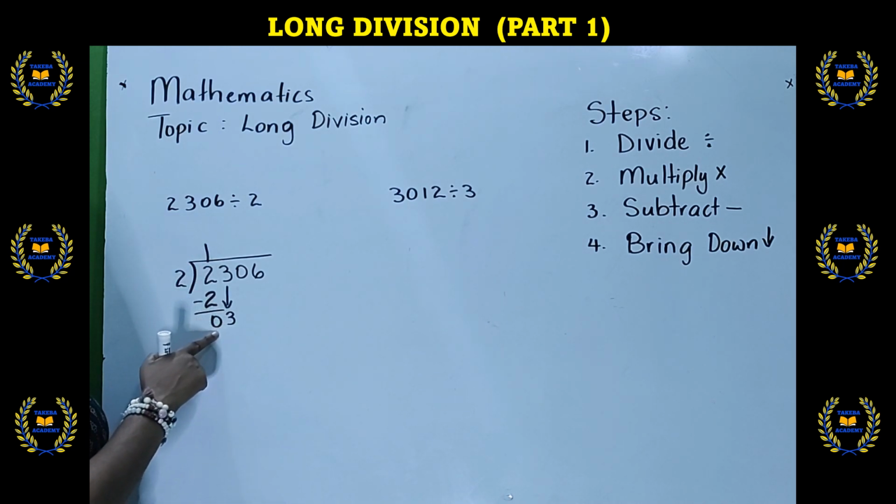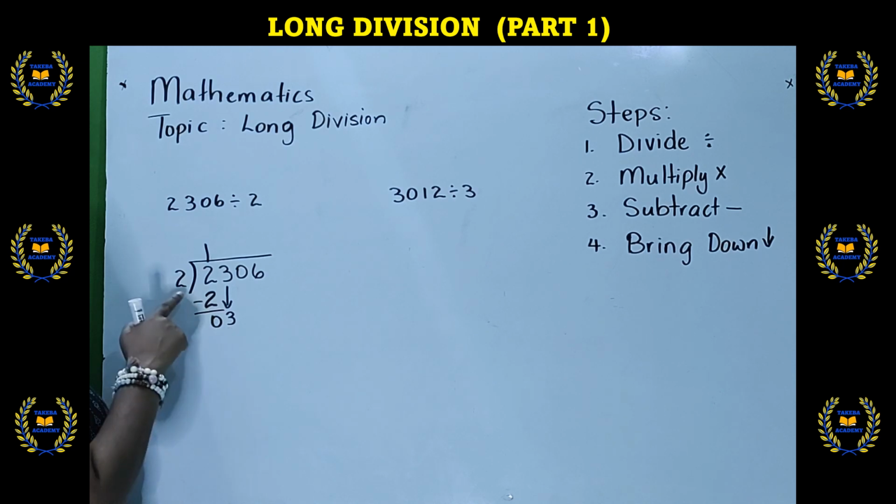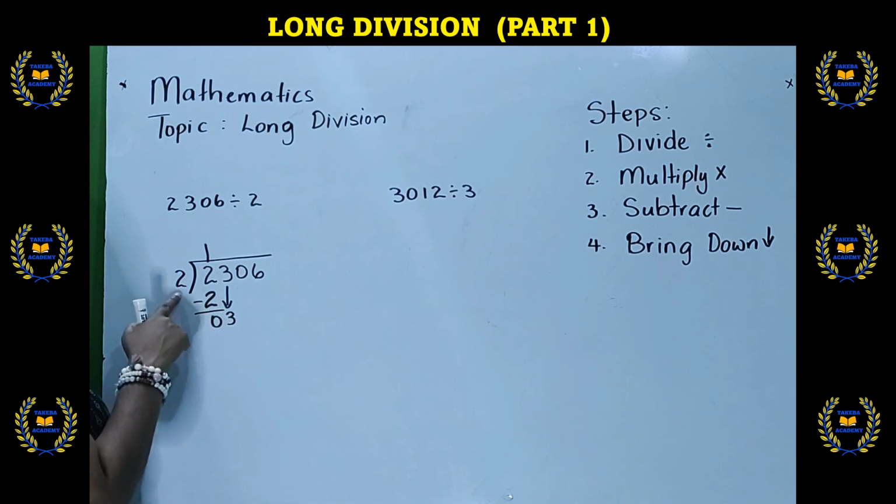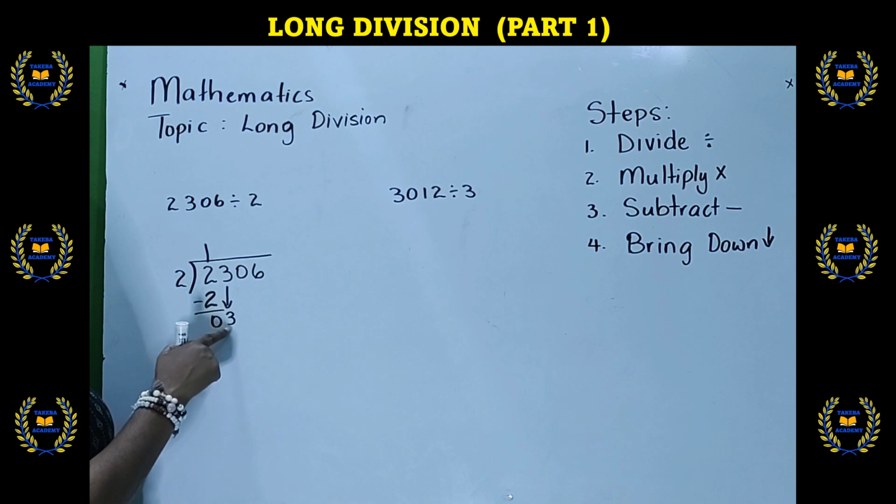So now we have 3. Okay, we did our subtraction, there's a 0 here, we brought down the 3. Now the 0 in front of this 3 has no significance, so we are dividing 3 by 2. Remember we brought down the 3, that was step 4, so now we go back to step 1 and we start again. So 3 divided by 2, or how many groups of 2 can we get out of 3?